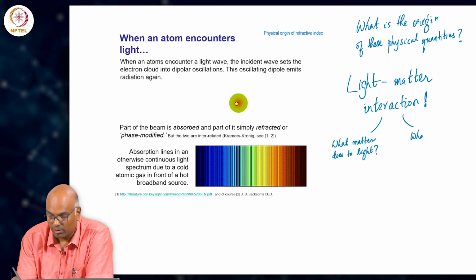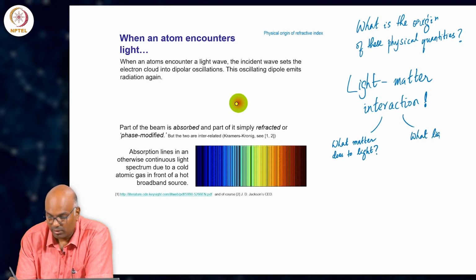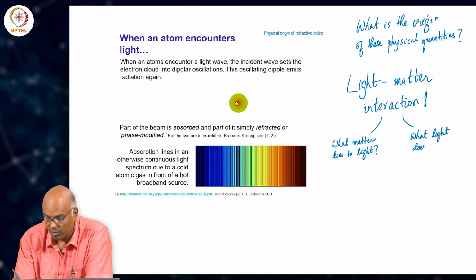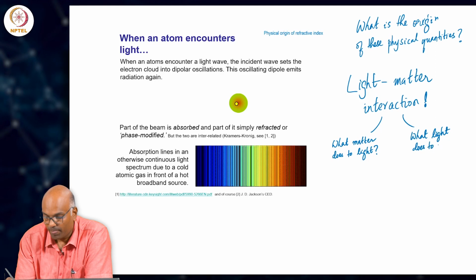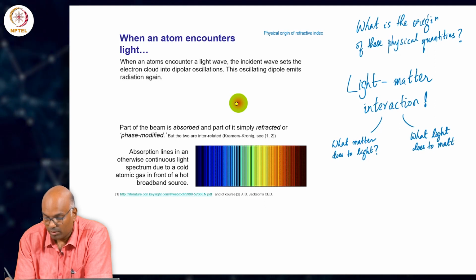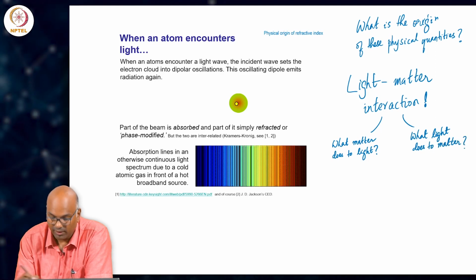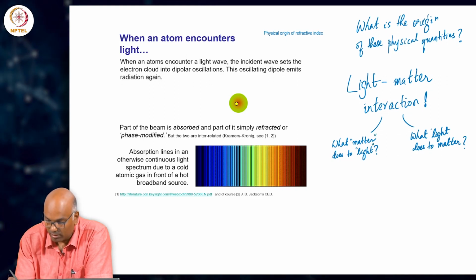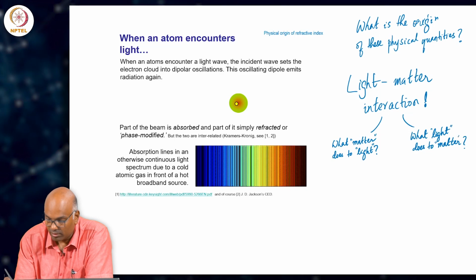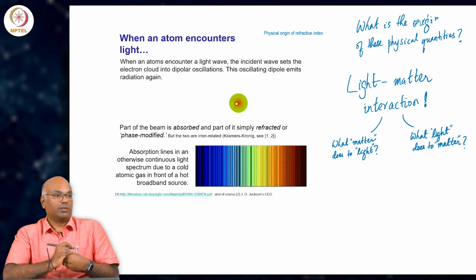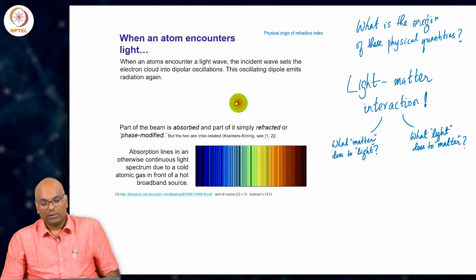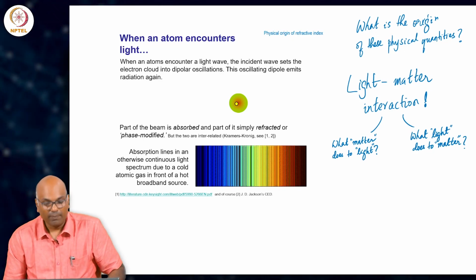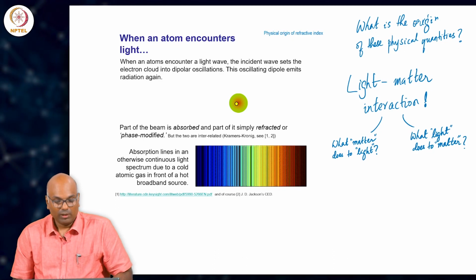Likewise, what does light propagating through a medium do to matter contained in the medium? So, matter, light, matter, that is interaction. They are both in a dance, basically they are dancing together essentially. That is basically the whole idea of this.